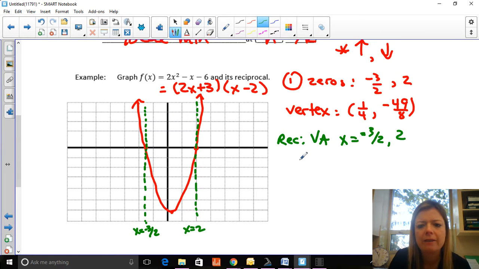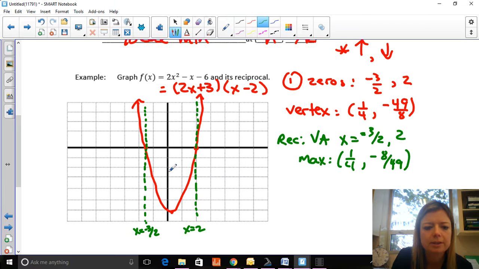Okay, and it will have a max at a quarter, and then I flip this, minus 8 over 49. So that's like some really tiny little fraction. It's about there. Okay.